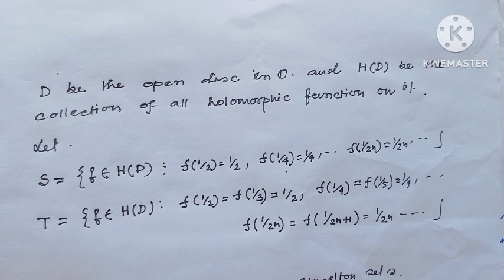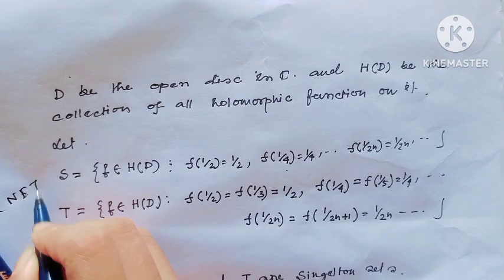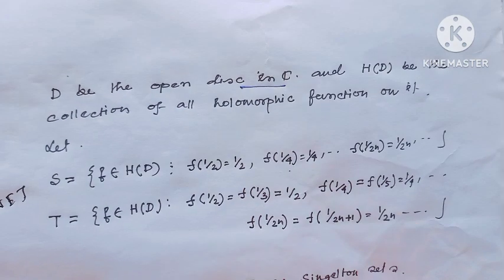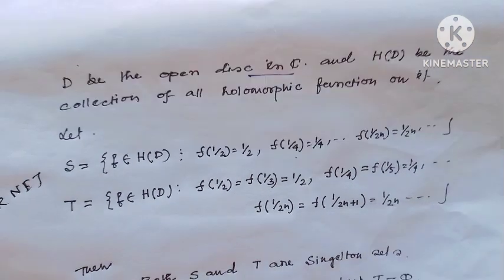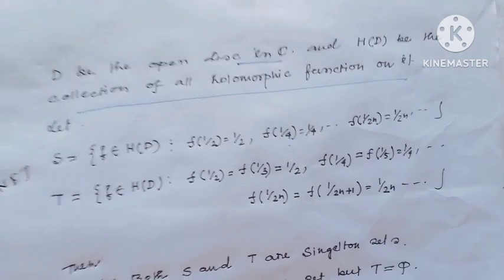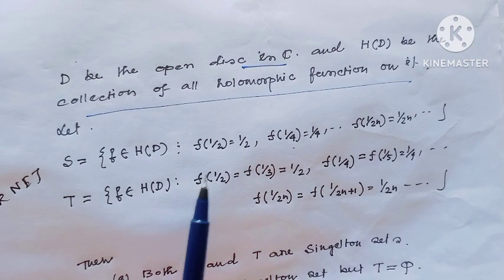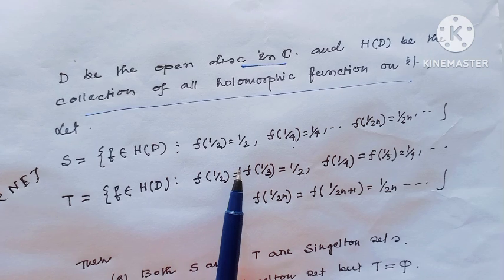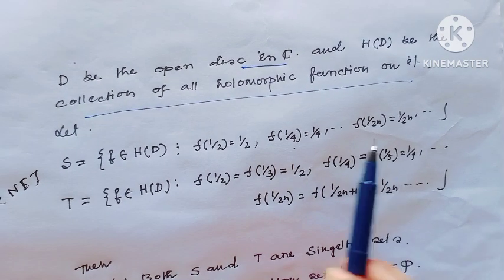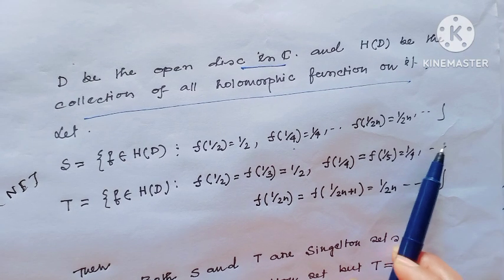Here is an example which also came in the CSIR NET Exam. The question is: D is an open disk in the complex plane C, and H(D) is the collection of all holomorphic functions on it. Consider the set S equal to f belonging to H(D) such that f(1/2) equal to 1/2, f(1/4) equal to 1/4, up to f(1/2n) equal to 1/2n, and so on.